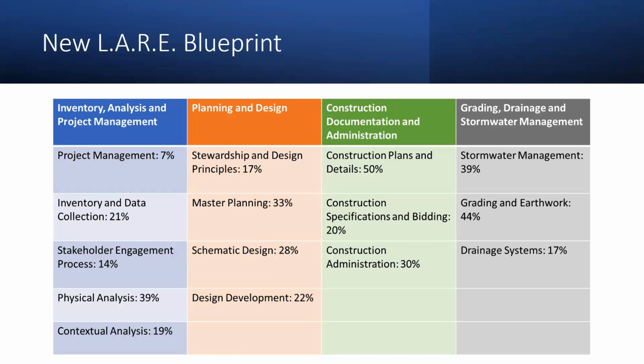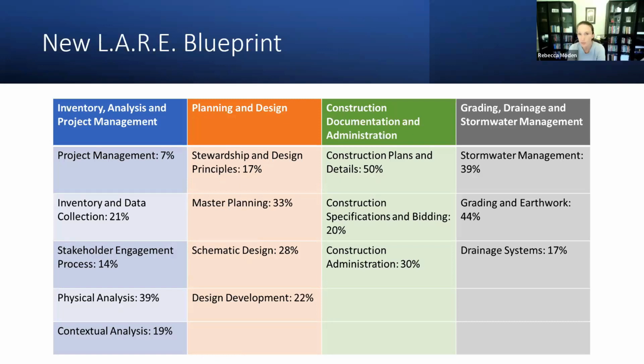Is there any more information on why they should take section 4 now, or can they wait for the new blueprint to take the grading, drainage, and stormwater management section?